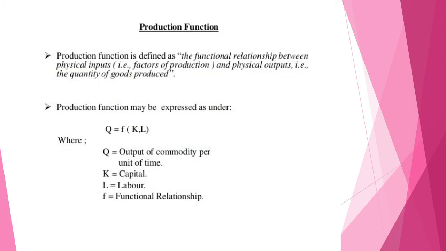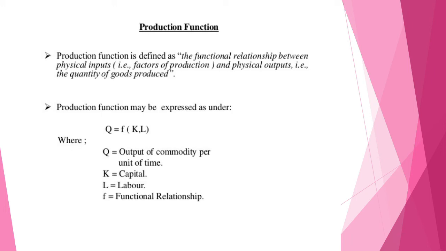It is defined as the functional relationship between physical input, that is factors of production, which we have discussed in the previous slide, that is land, labor, capital and enterprise, and physical output, in the sense the quantity of goods produced.